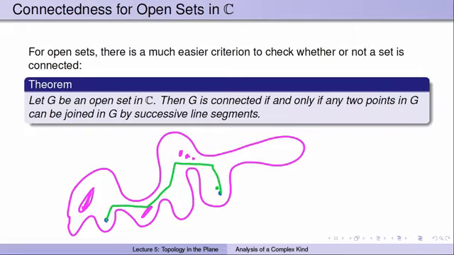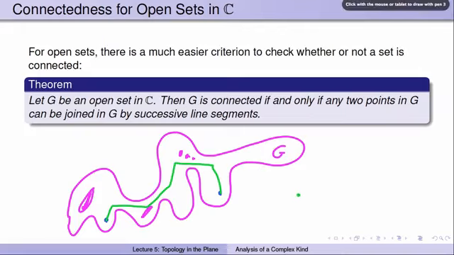And I made it. So I joined them in G, so I never left my set G, and I joined them with line segments that never left G, and therefore this theorem tells me, if I can do this for any 2 points in G, that my set G is connected.